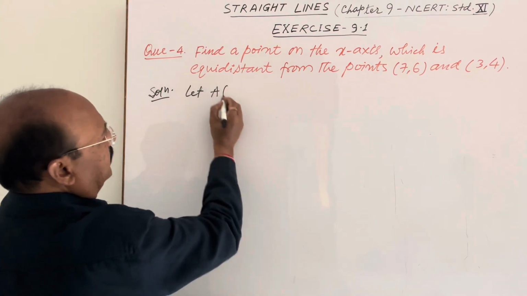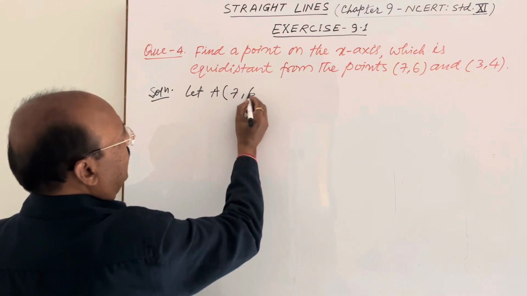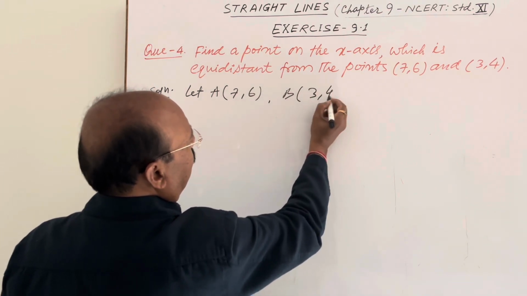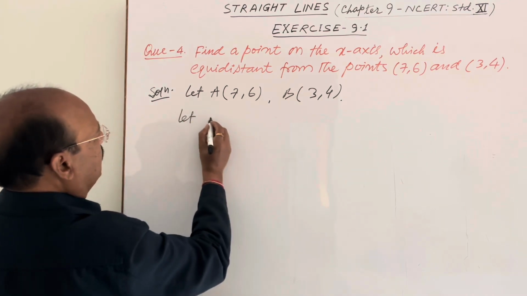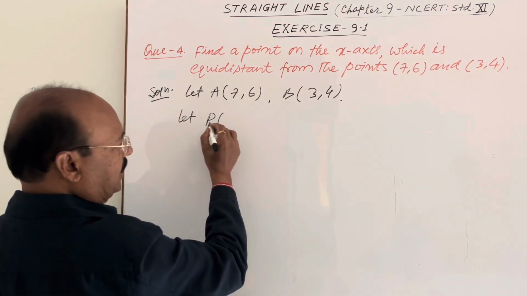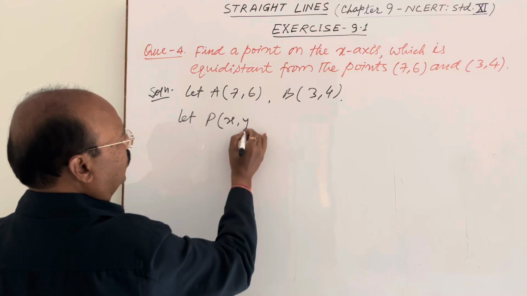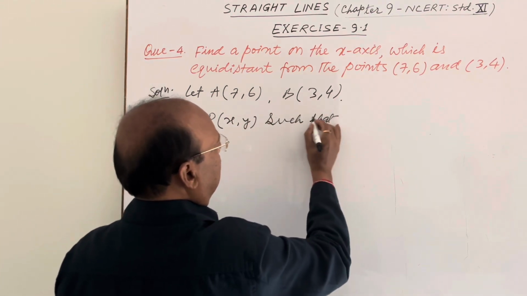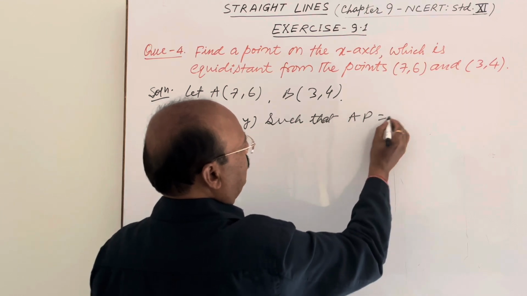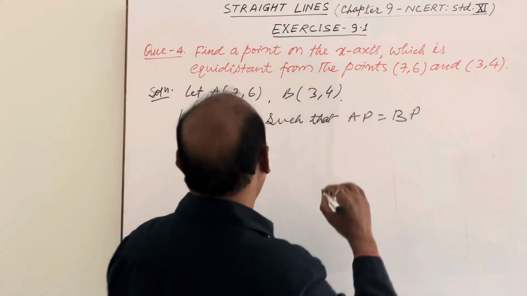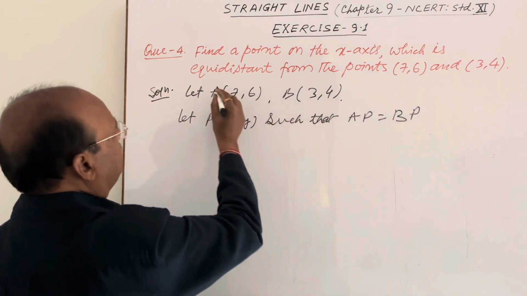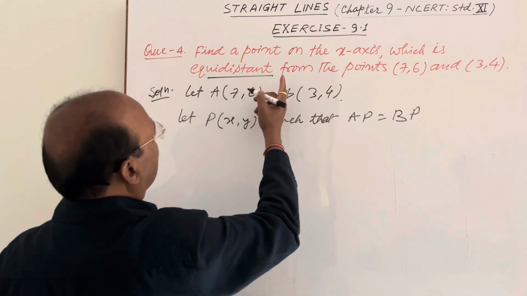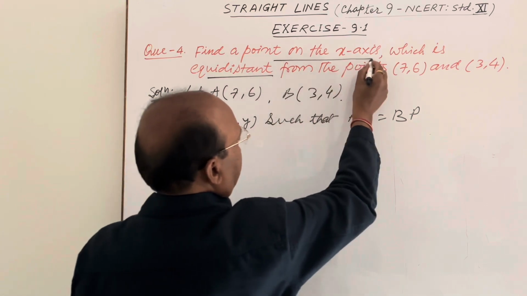Let this be point A (7, 6), and point B has coordinates 3, 4. And let us suppose P is a point with coordinates x, y such that AP is equal to BP. Here it is given that this point is equidistant and lies on the x-axis.